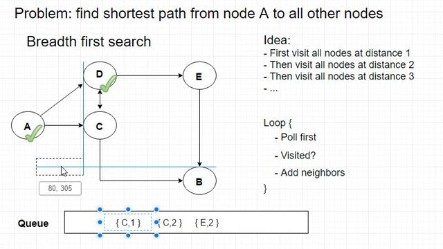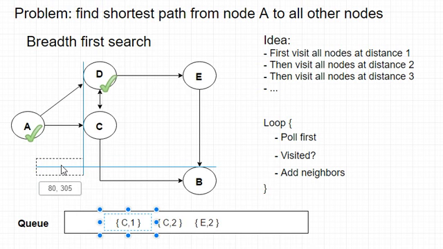Notice that we have 2 objects in the queue representing the same item, the same node, sorry. This is not going to be a problem because we're only going to visit each node once. So the second time we come across it, we're just not going to do anything.